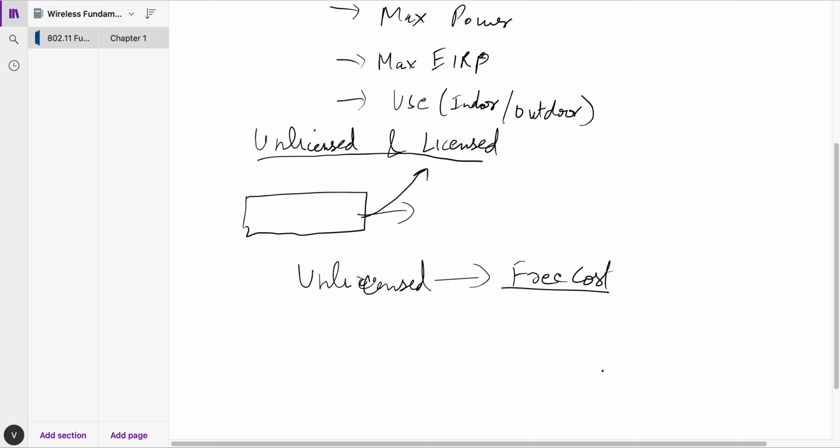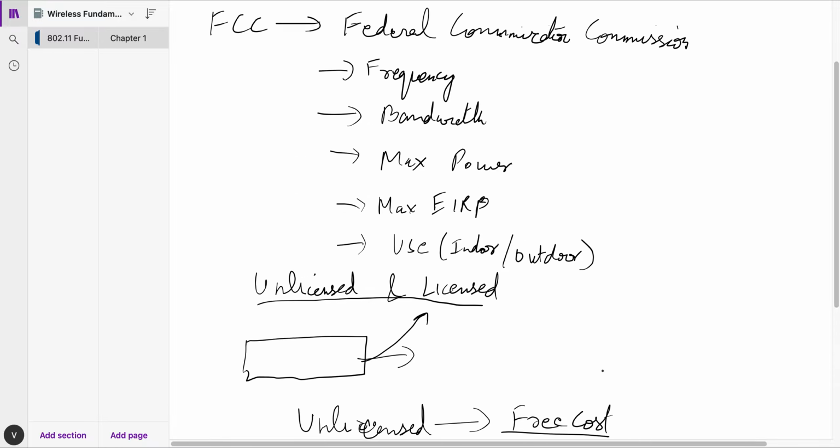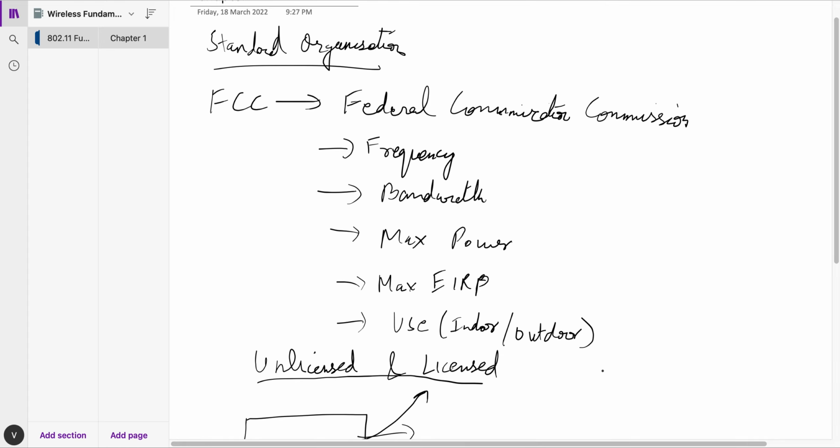So if I have my APs transmitting on the unlicensed band, then I also have my neighbor's AP transmitting on the same band, right? Now that's a disadvantage, but everybody uses that because the licensed band is specifically designed for some special segments of the nation, like probably military. So they have some special bands which they use for their own transmissions, and that's pretty much what is done by the FCC.